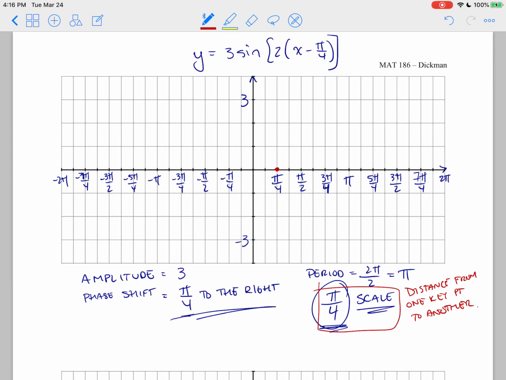So as long as I keep it, it's great to use it as your scale because then it's easy to count. Every time I get to another box that I've labeled here, that's my scale, but it's also the distance from one key point to another.